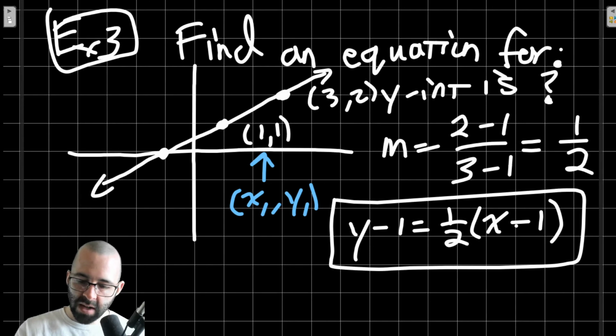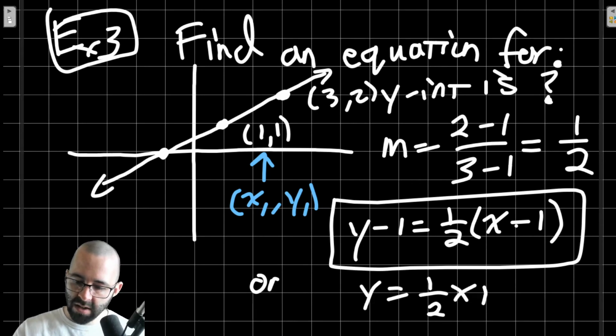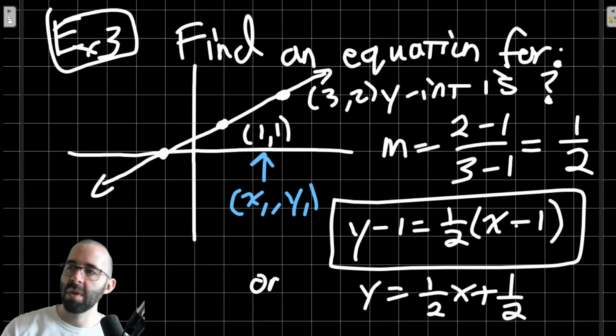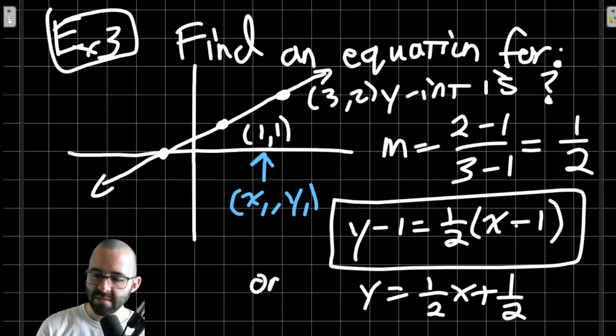If you did a couple of other steps and put this in slope-intercept form, you would get y equals 1/2 x plus 1/2. This is also a good answer. I'll take either one, but you don't need to do more work than what's boxed up there. And that's how you do example 3.